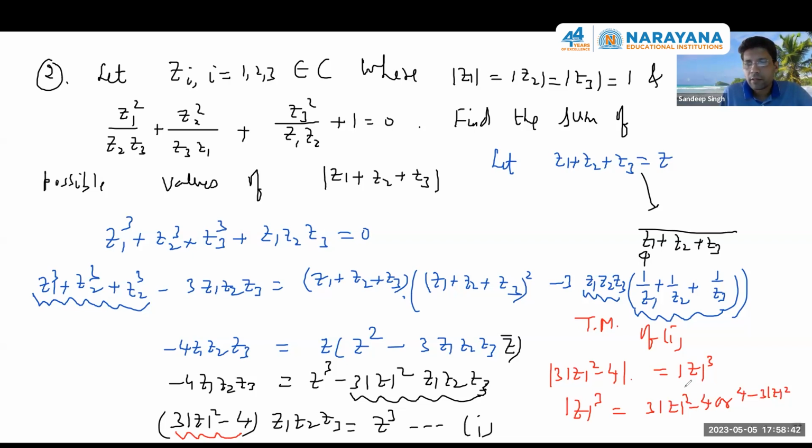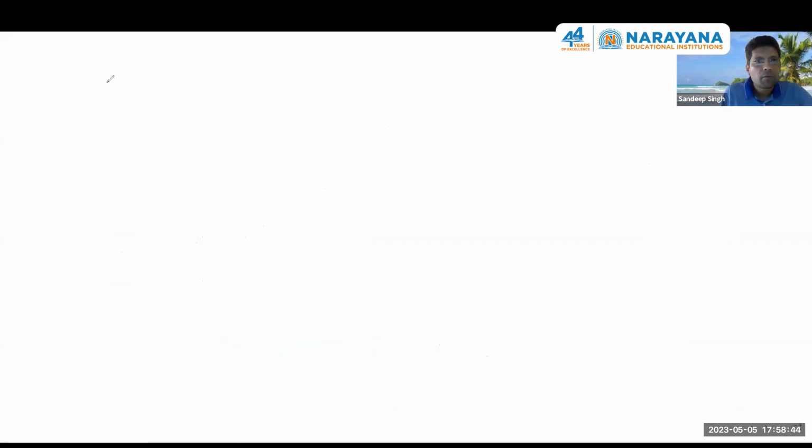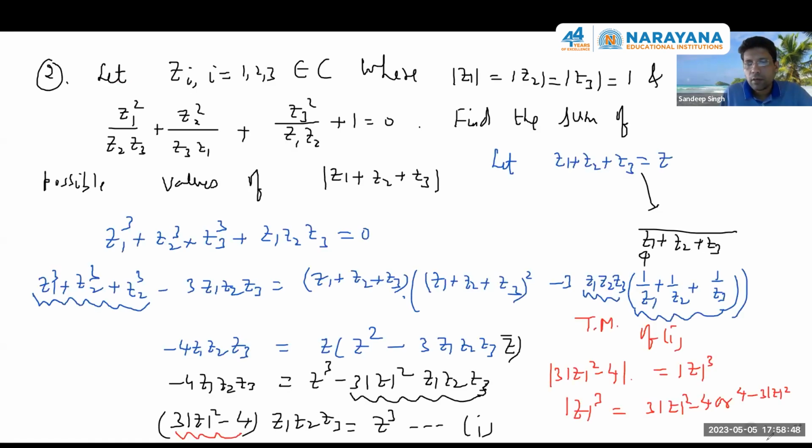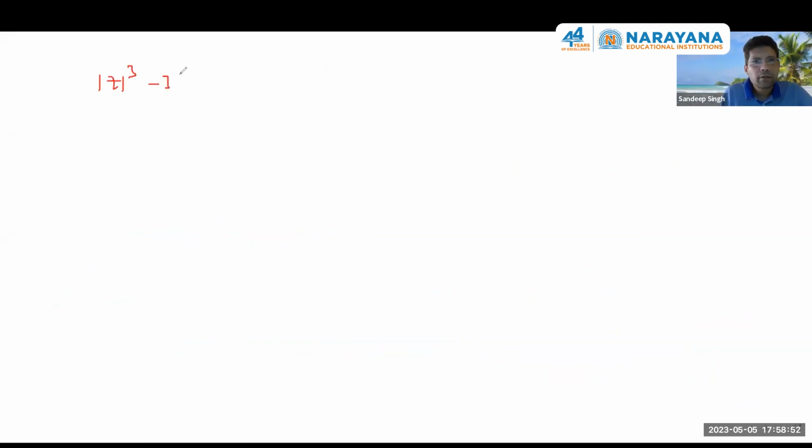तो पहले केस के अनुसार क्या रहेगा? So mod z cube is 3 mod z square -4, है ना. तो -3 mod z square. So this is a possibility and this is also another possibility. -4 equal to 0.